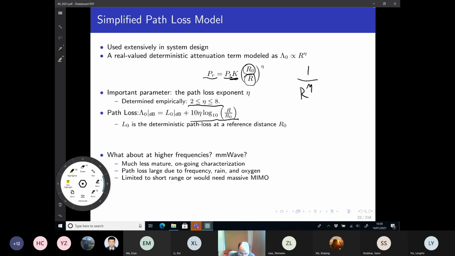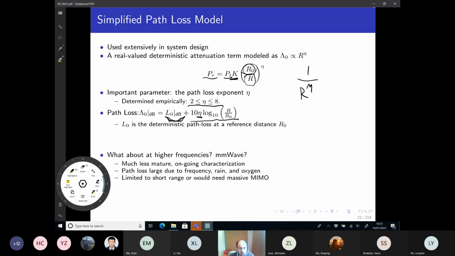As you increase the distance r, your path loss increases linearly with eta in the log domain. And you additionally have the path loss that you have at the reference distance r naught. In the typical model you have K and r naught given at a certain reference. That's all you need.